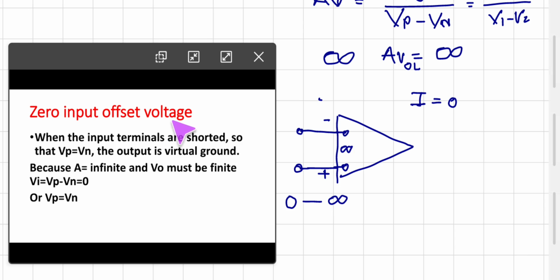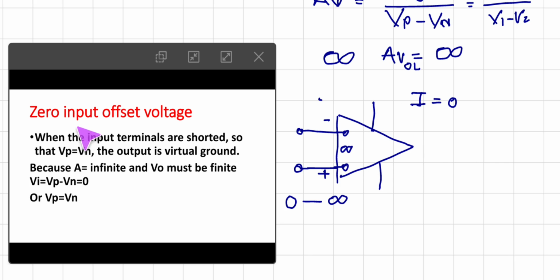Zero input offset voltage. We already saw what is input offset voltage: whenever we connect the power supply and both terminals are at the same potential or ground potential, it is expected that the output should be 0, but actually we are not getting it. So we have to make changes in input using offset terminals such that the output will be 0.